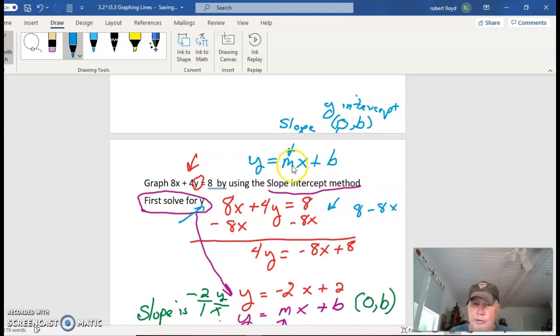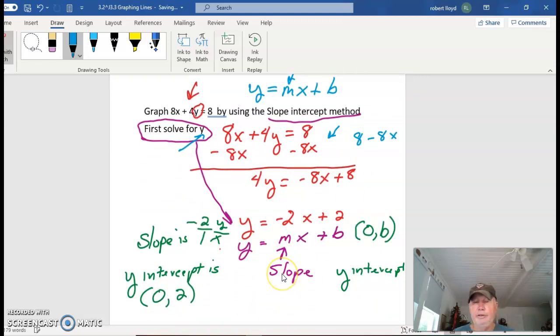However, we want it so the slope is first. We want the x before the number. So then we divide everything by 4. And we get y equals negative 2x plus 2.